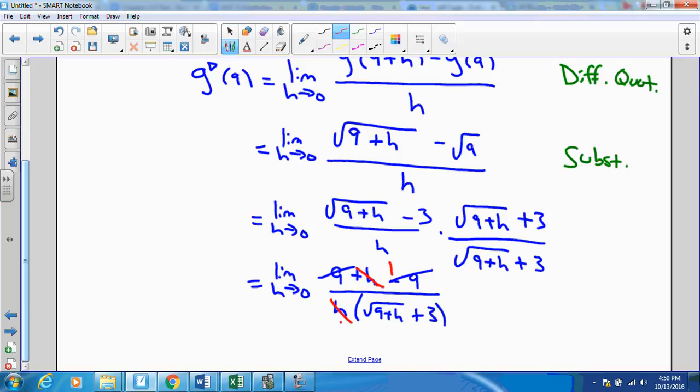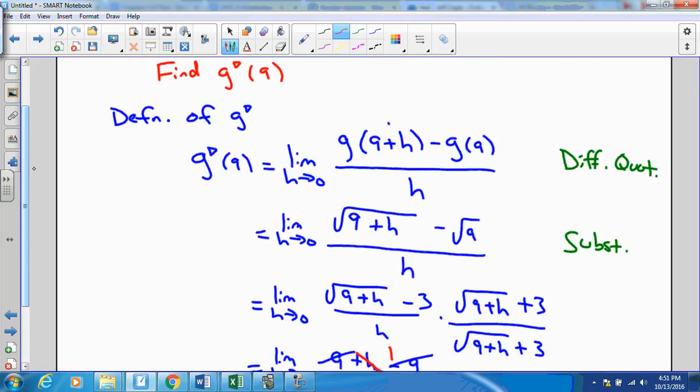The 9's cancel, leaving me with a factor of h in the top, a factor of h in the bottom. h divided by h is 1. And if I now let h go to 0, I get 1 over 3 plus 3, or 1 over 6. And so g prime of 9 is 1/6, found with the definition of the derivative.